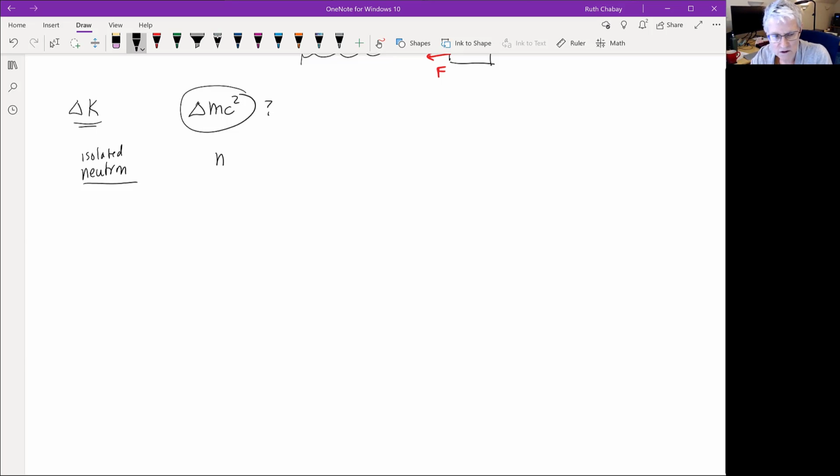So a neutron, which is a neutral object, goes to a proton and an electron and an antineutrino. So this is a proton, this is an electron, and this is an antineutrino. And this is called beta decay, and it can happen even if the neutron is in a nucleus, and some radioactive elements decay via beta decay.